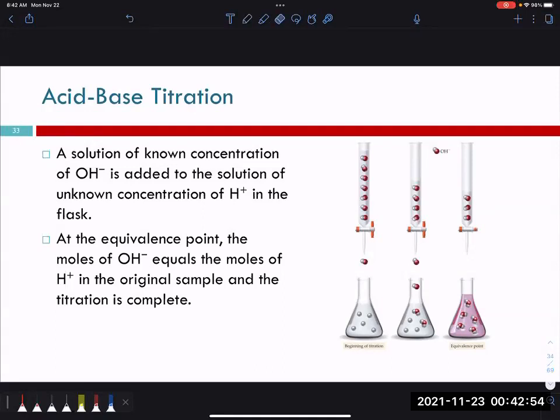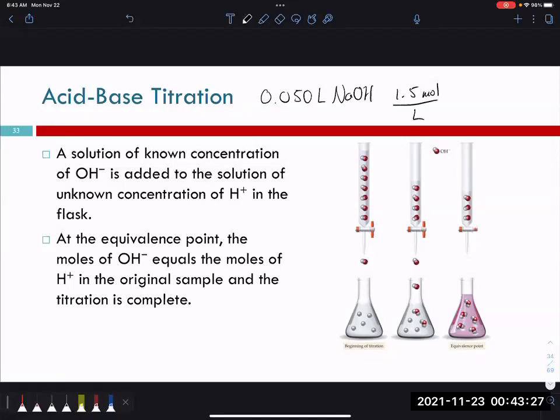So if we know that we added 0.050 liters of our sodium hydroxide, and we know the molarity of that, let's just say it's 1.5 molar, which for clarity here, I'm going to write as moles per liter.